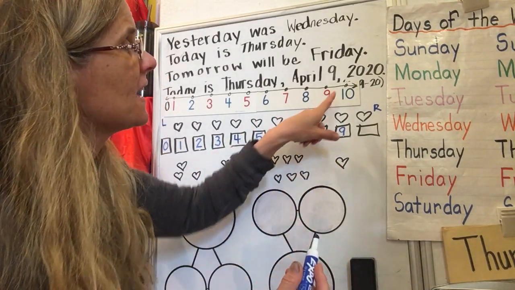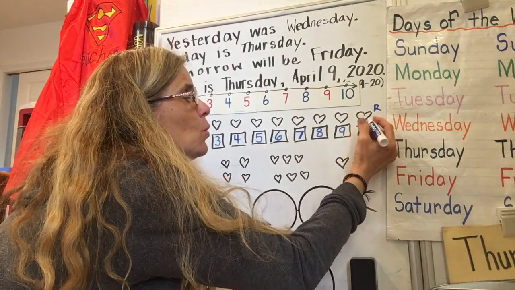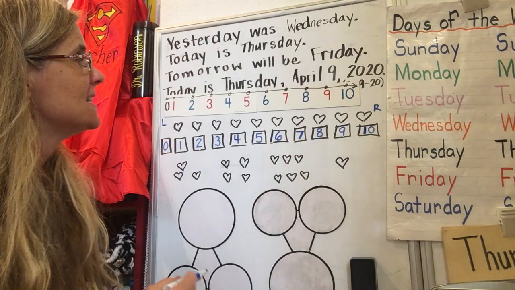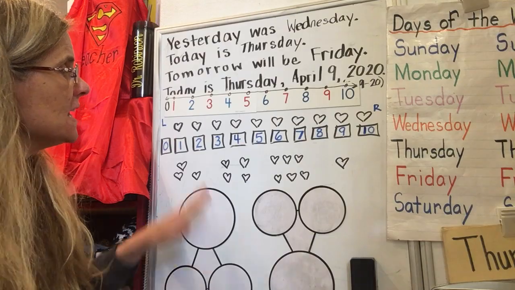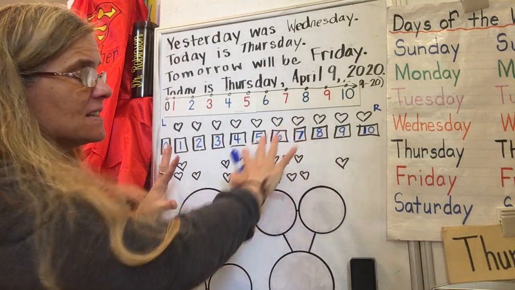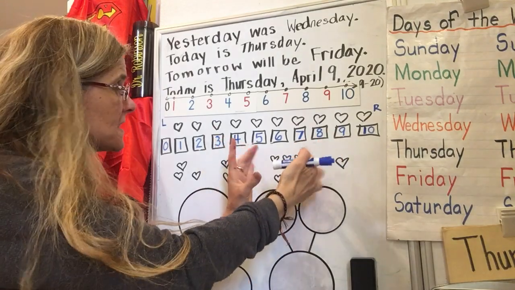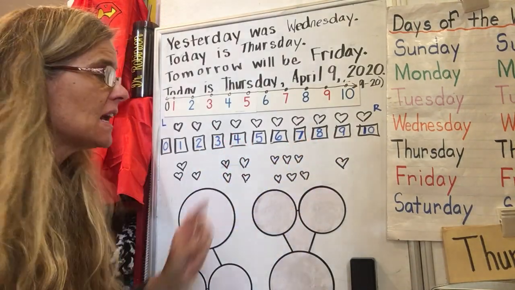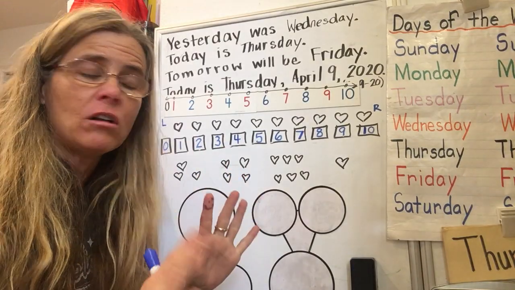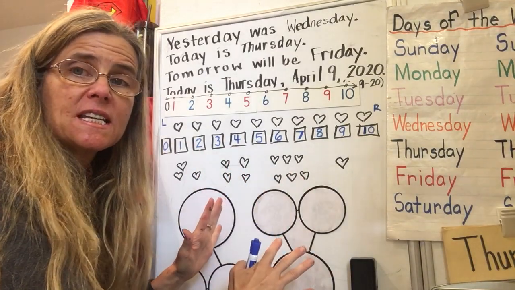So now we're going to write 10. I put a 1 in the tens place. I put a 0 in the ones place. 10. Now when I come down here, I see sets or groups of objects. And I want to count to see how many in all, and then I want to record what I see here.